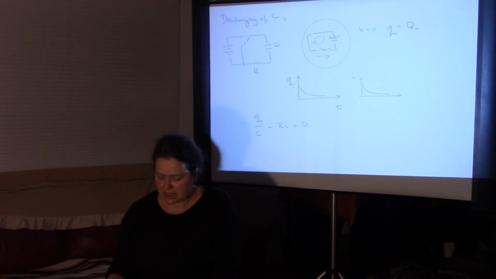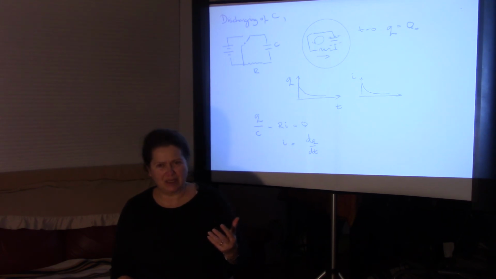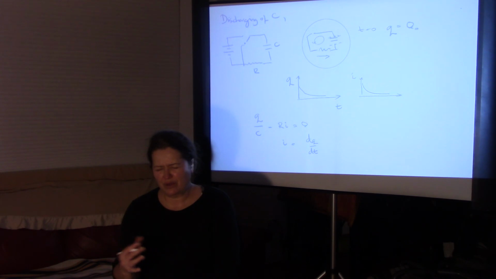Now, the intensity is defined as dq over dt. But when we charged the capacitor, Q was increasing in value, whereas when we are discharging this capacitor, dq is going to be less and less. So delta Q, if you think on a larger scale, is a negative quantity.